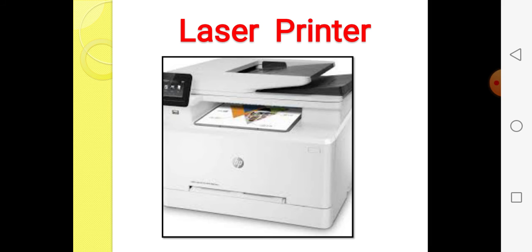The speed of this printer is given in pages per minute. There are laser beams inside it and that is how it works. Nowadays we mostly use laser printers and inkjet printers, and there are three types: dot matrix printer, inkjet printer and laser printer.